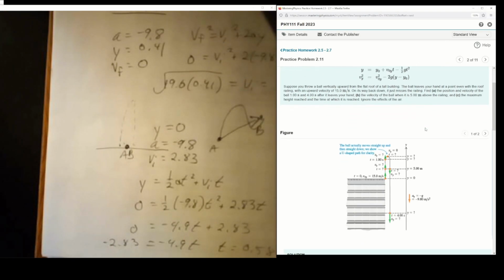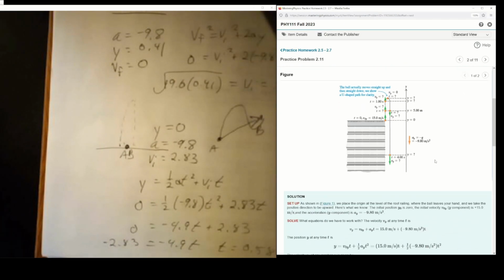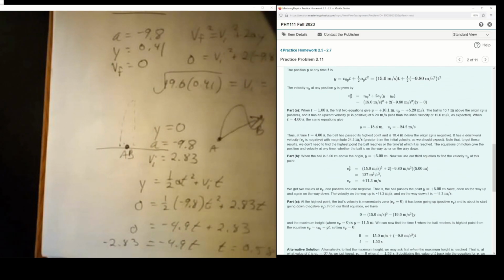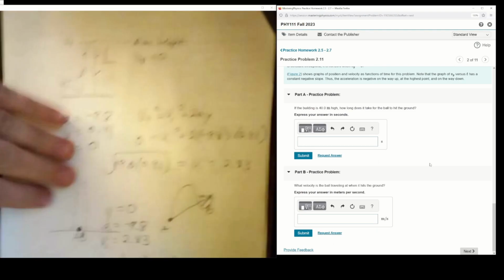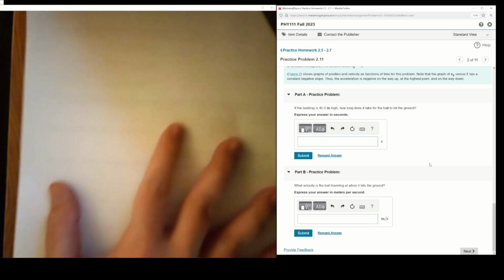Check out the next one. Got a lot of busy work there and more busy stuff. Let's just go right to the problem and see what it says. So we have a building 40 meters high.